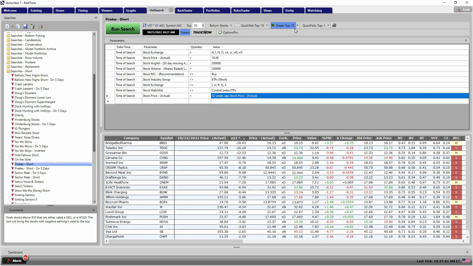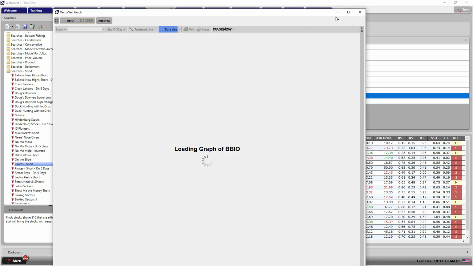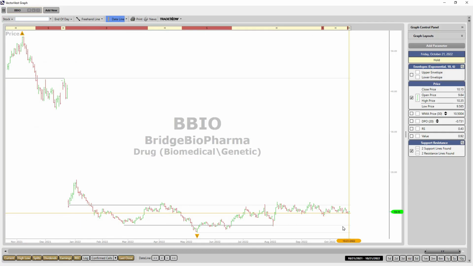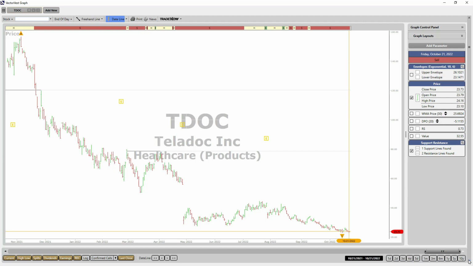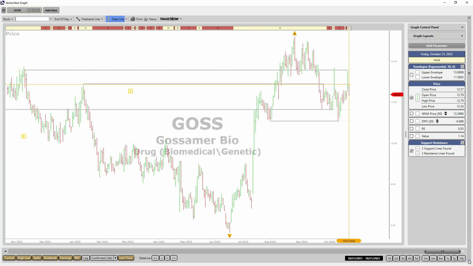All right, let's graph the top 10. And, all right, now we've got BBIO, definitely a downtrending stock, looking pretty good. Teladoc again, we saw that earlier. Gossamer, well, Gossamer is still in that list. Take a look. It is lower than it was 1 year ago.